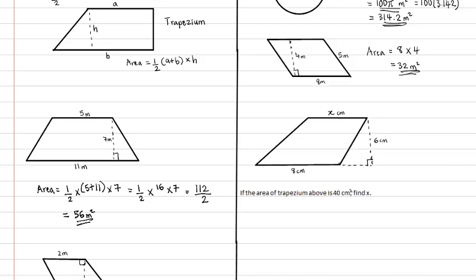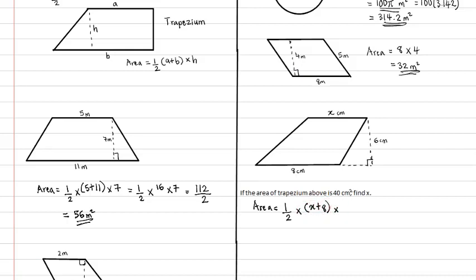Let's look at this problem now. So this one also is a trapezium. So this one is like they've given us the final answer. So now they say we should find the x. So we know that the area of a trapezium is 1/2 times a plus b, that is x plus 8, times height.